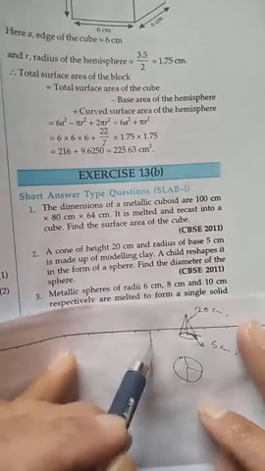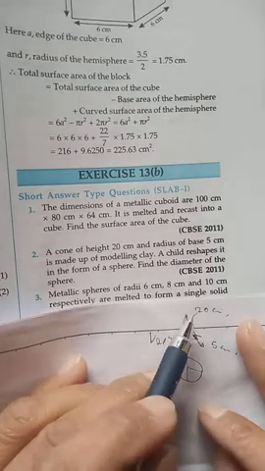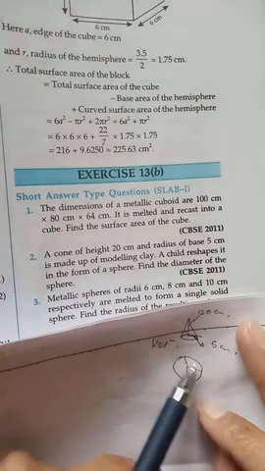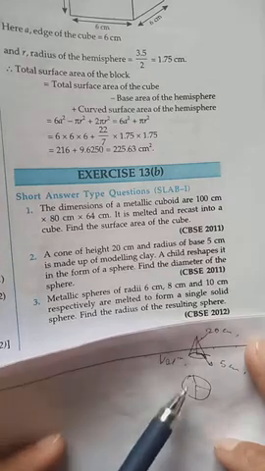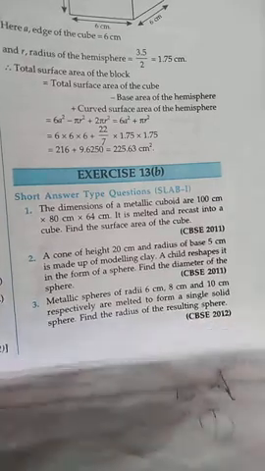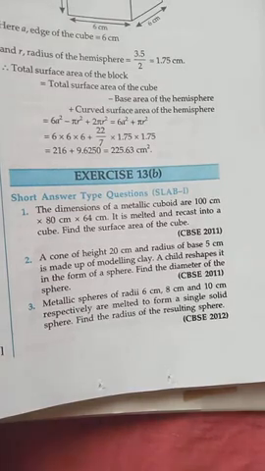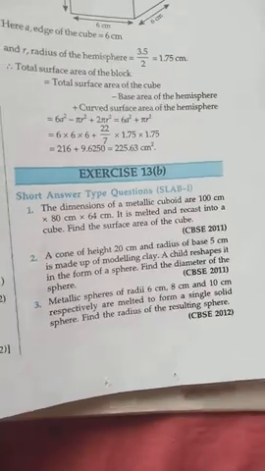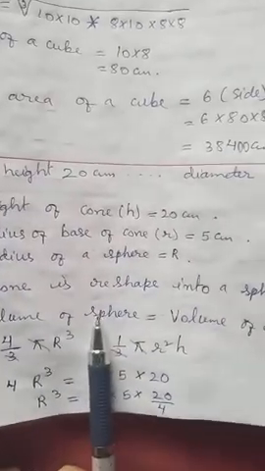Because they take this cone, melt it, and after that change the shape into the sphere. So the volume of the cone will be the same as the volume of the sphere, because they are made from the same kind of material. That is why we can write volume of the cone equal to volume of sphere.